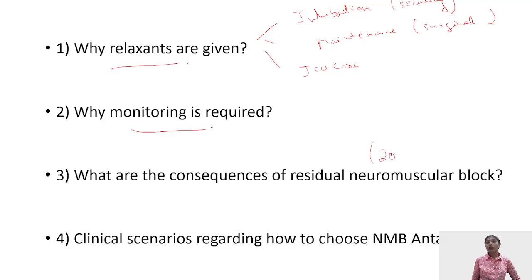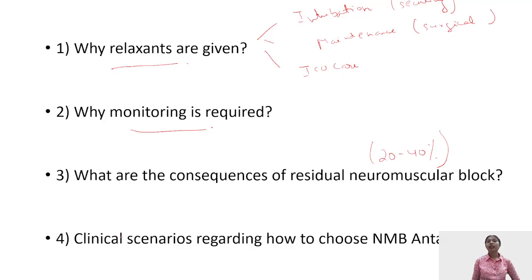The incidence of residual neuromuscular block is up to 20 to 40%, and just imagine if the patient has leftover paralysis and is shifted into the post-op ward, the patient is very much prone to be hypoxic, hypercarbic, or have airway obstruction, laryngeal and pharyngeal disturbances, eventually leading to aspiration, pneumonia, or increasing the mortality and morbidity of the patients.